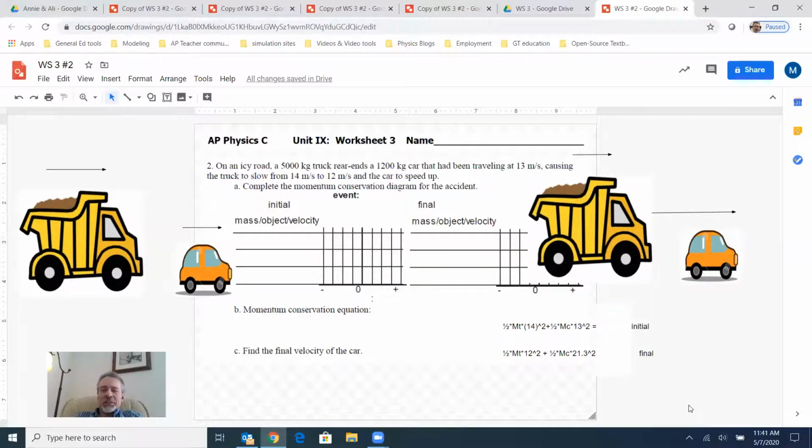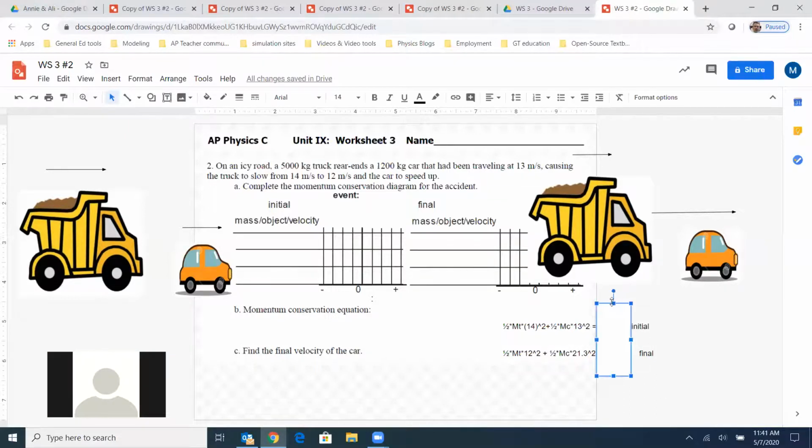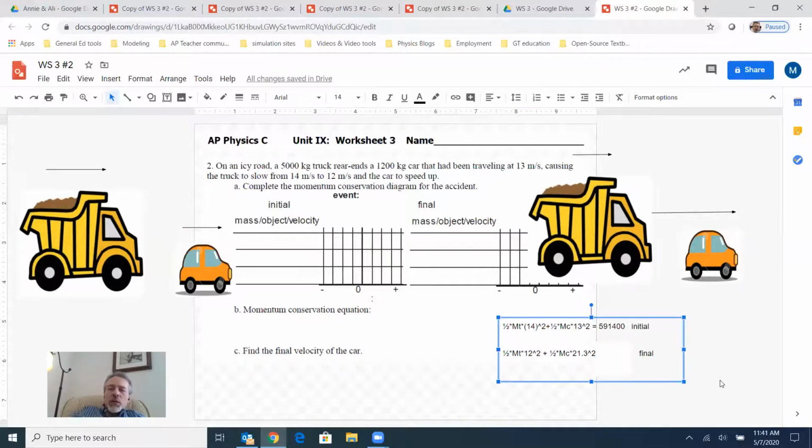Okay. So for the initial, I got 591,400. Is that what you got? Yep. Okay. And can somebody also do a calculation for the final too?